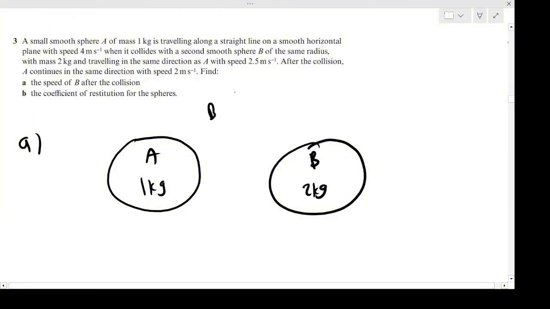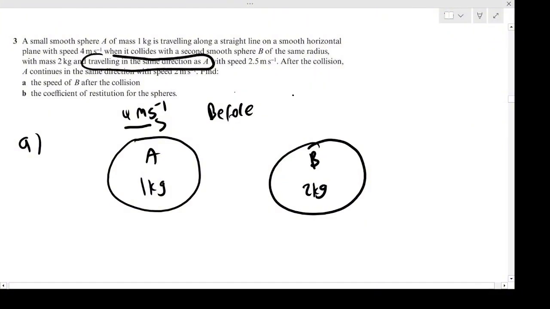So before the collision, we're told A has speed 4 and it's going to collide into B, so it's going to be speed 4 this way. And for B, it says we're travelling in the same direction.